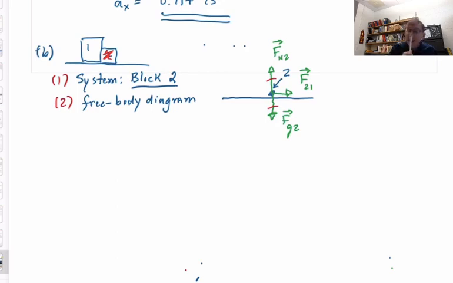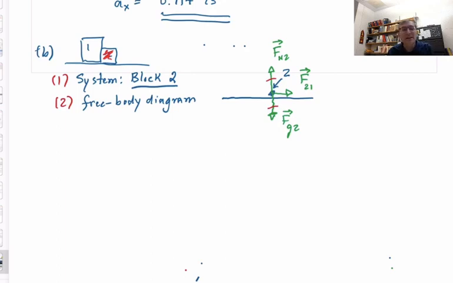In fact, it's the effect of that applied force that's being transmitted to 2 through this contact with 1. It's this one right here that I just drew and labeled F21 that is indirectly coming from the applied force. But the applied force itself is not directly pushing on block 2. And a lot of people struggle with that. When you draw the complete free body diagram for a system, you only draw forces acting directly on that system.